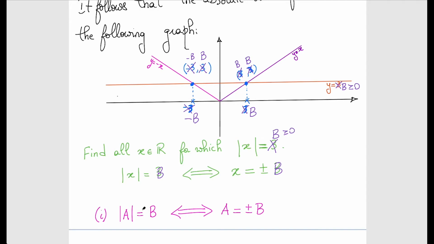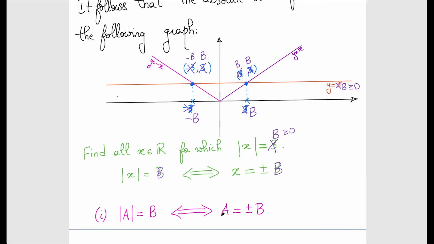So result number 1 is an effort to actually drop the bars, right? You have an absolute value equation on this side, and you have a regular equation on this side. What does it take for me to drop the bars? It allows me to consider 2 equations.